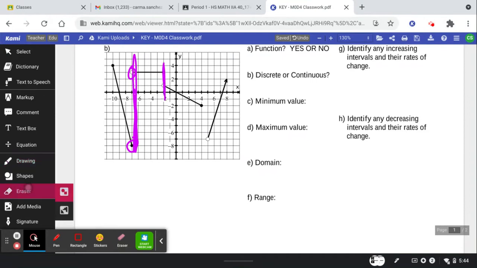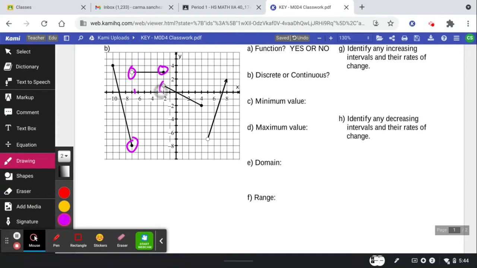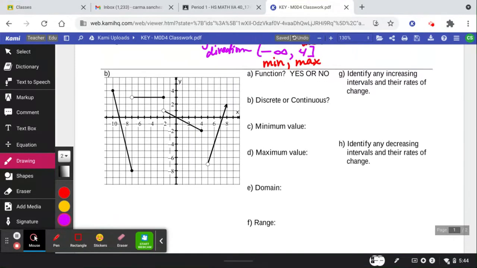Right here, the vertical line test still works because this is closed and this is open. And then right here, there's a gap. So we don't even have to worry about that part. Okay, so there's still no place I can do the vertical line test and it'll touch twice. So yes, this is a function because for every x, there's only one y.